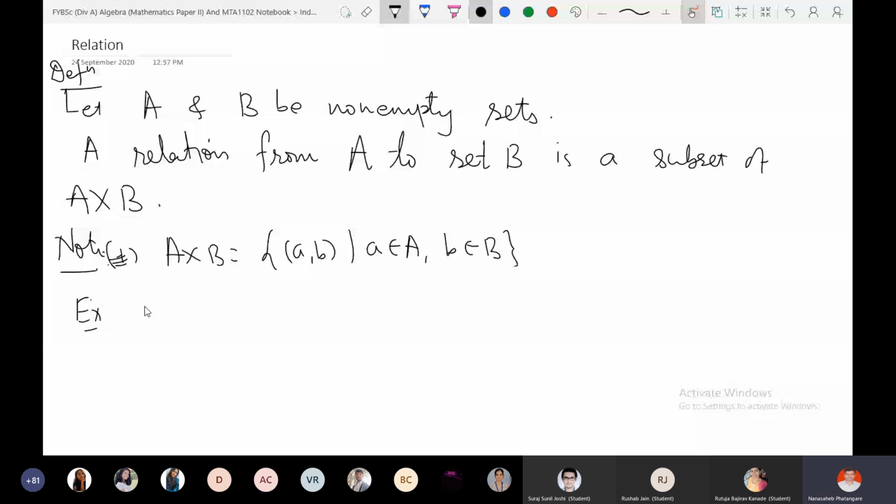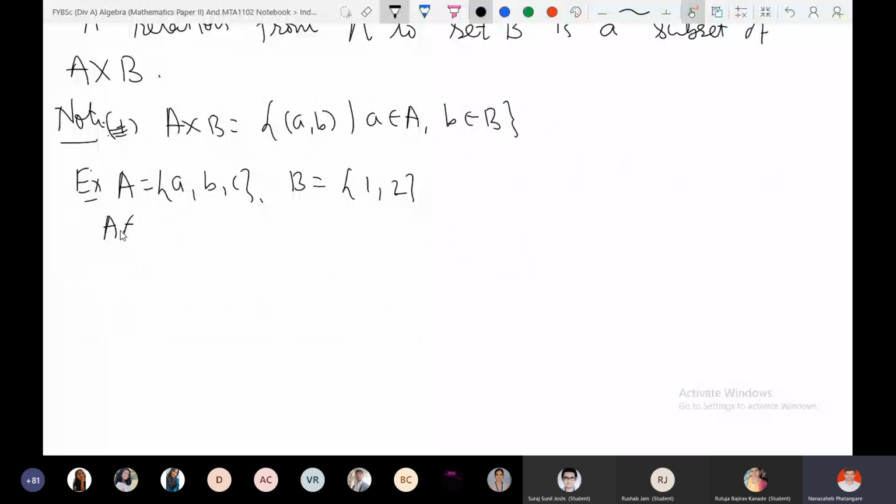So suppose A is equal to {a, b, c}, and B is a two element set {1, 2}. For example, for simplicity, just consider this. Now you know what is A cross B for these two sets. So (a,1), (a,2), (b,1), (b,2), (c,1), (c,2).